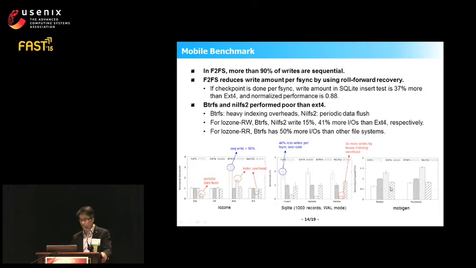And also Mobigen, which tests Twitter and Facebook app performance, shows a similar performance gain for F2FS. One thing to note about ButterFS and NilFS2 is that they perform poorer than ext4, because ButterFS has heavy indexing overhead, and NilFS2 has a periodic data flush mechanism.